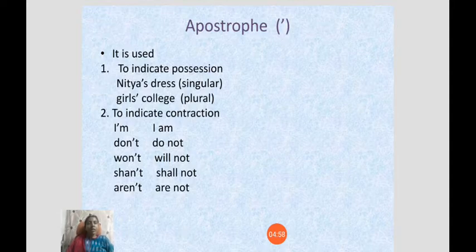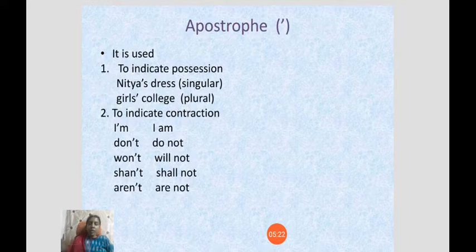The word is ending with S sound. So no need of putting another S like this. Instead of putting another S sound, we just simply write apostrophe in the end. So girls' college, clouds' meeting, that means the meeting belonging to the clouds.